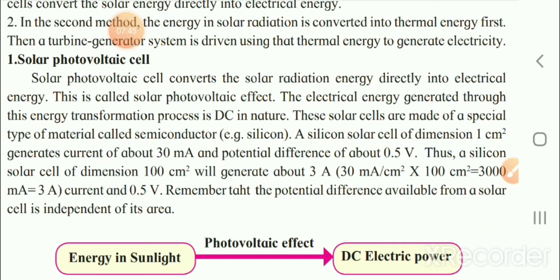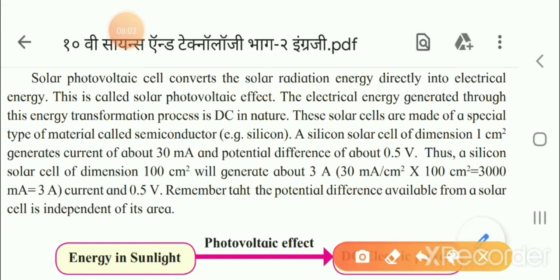Now let me start with the solar photovoltaic cell, children. The solar photovoltaic cells convert the solar radiation energy directly into electrical energy. This is called the solar photovoltaic effect.